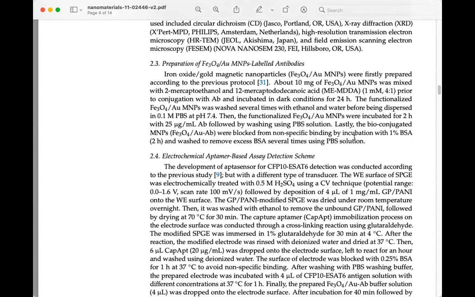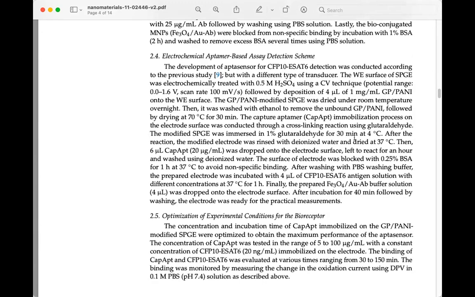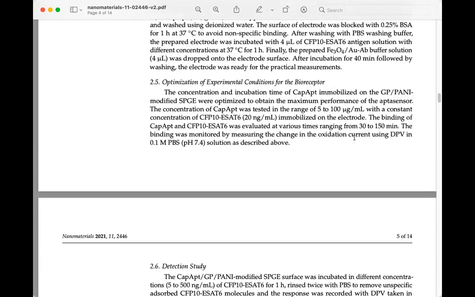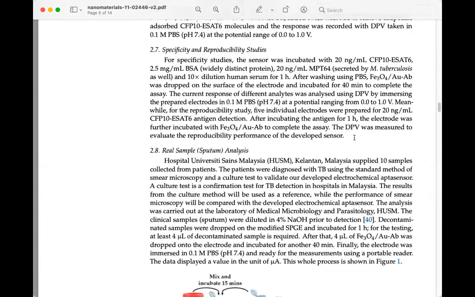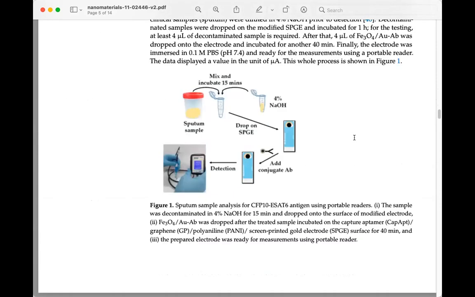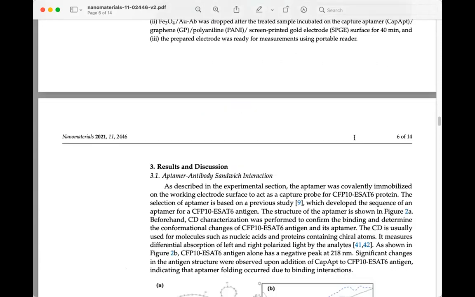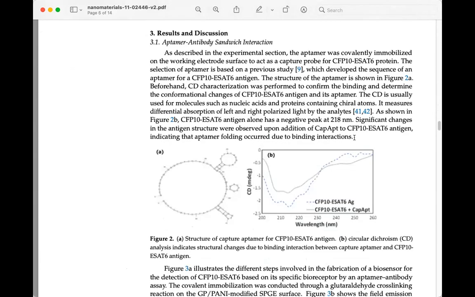Of course, the difference is that if we are writing for a thesis, it has to be more comprehensive, but when we write for a journal, we can reduce and minimize the detail. Then figures, results, and discussion.